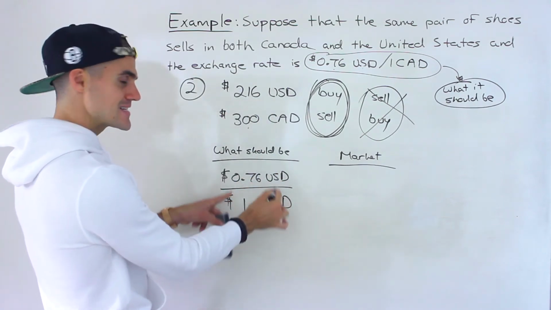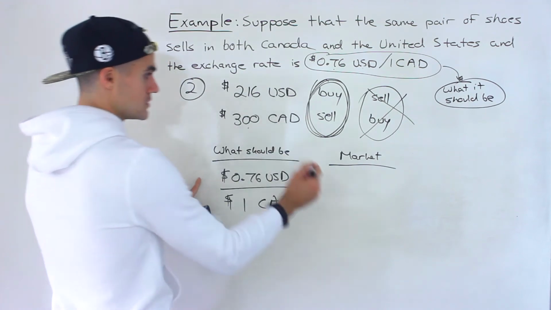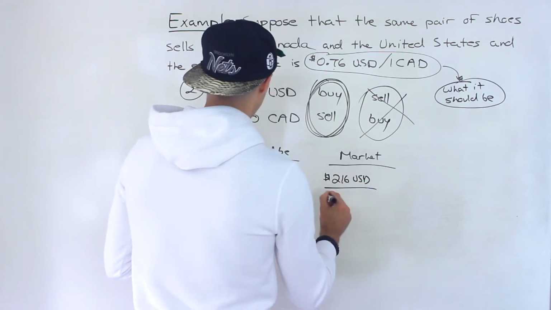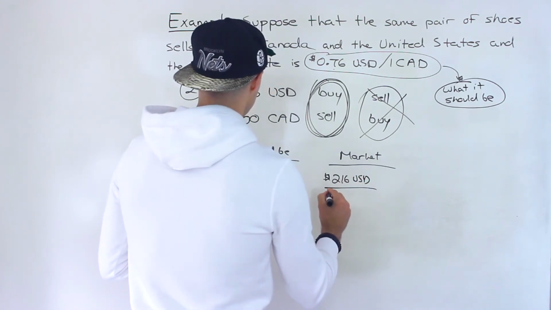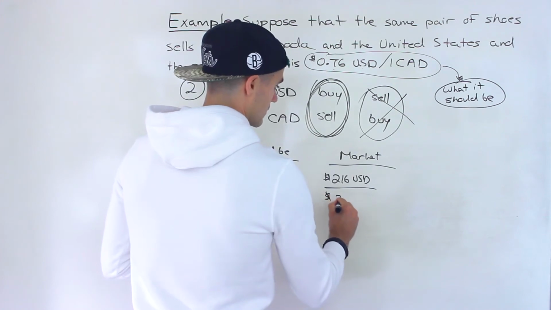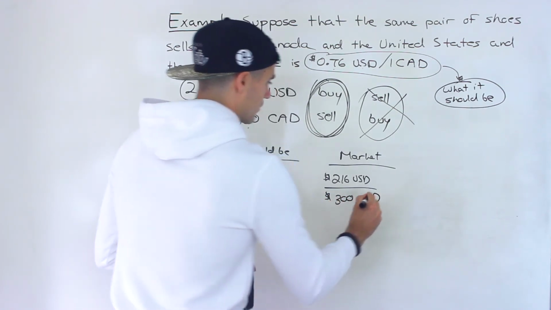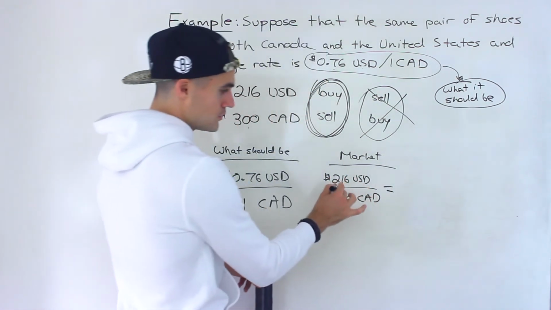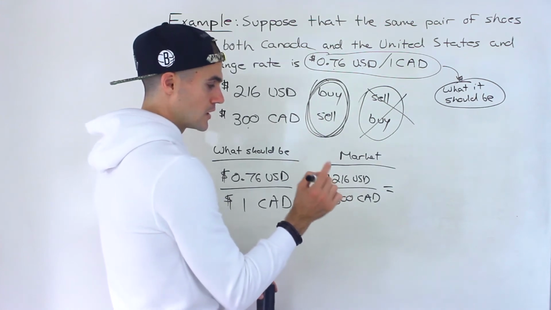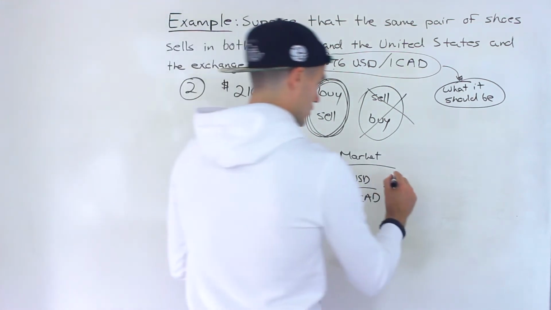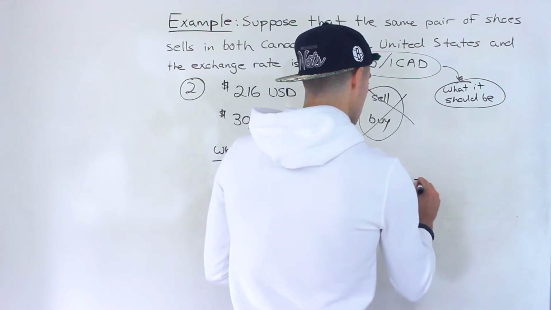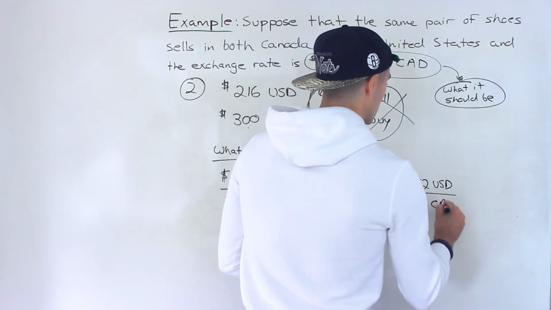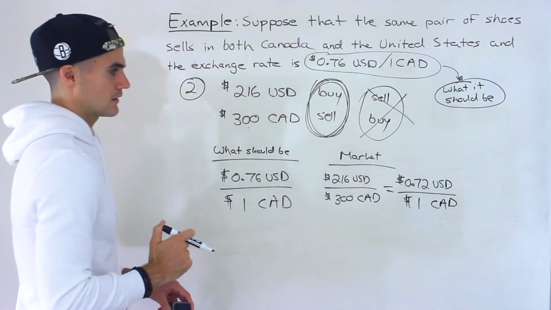We'd want to get it in this same kind of format. So what we would do is we would take the 216 USD divided by 300 CAD, right? Keeping this format, USD per CAD. And when you do this, 216 divided by 300 would give you 0.72. And so we would end up with 0.72 USD per 1 CAD, like that.